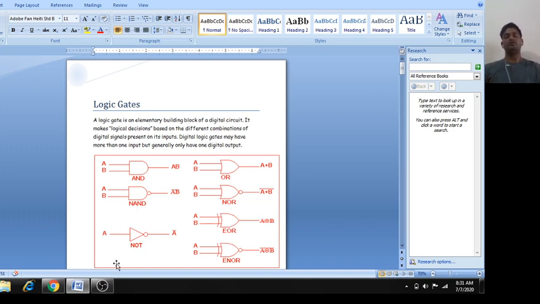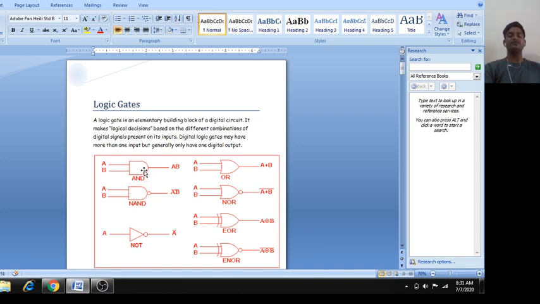Now there is the duality theorem. What is the duality theorem? In the duality theorem, plus is interchanged with dot. If there is plus, you have to change it into dot or dot into plus, and 0 by 1 and 1 by 0. So what is the dual of the AND gate?